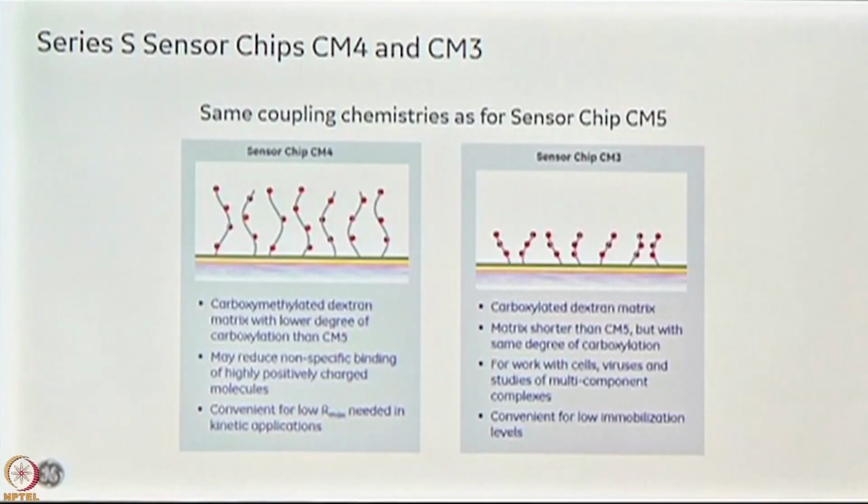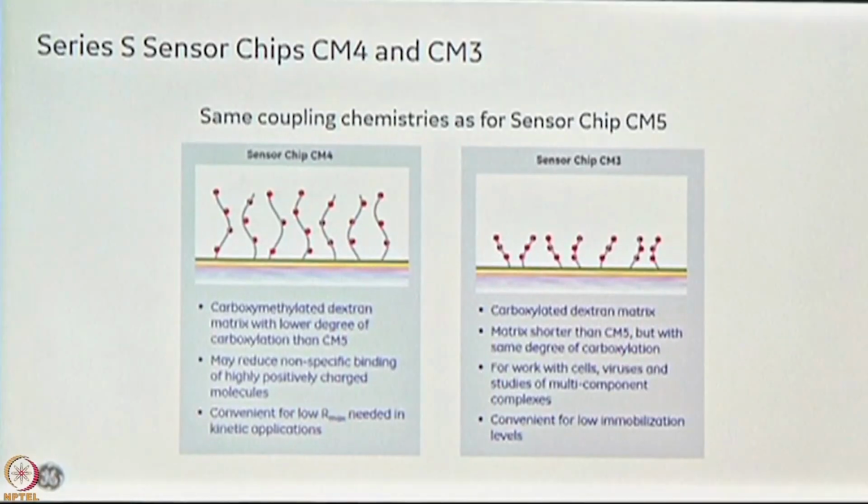So, they are exactly the same. It's just that in one case the length of the dextran is the same as CM5, but the degree of carboxymethylation is less than in CM5, whereas in CM3 the degree of carboxylation is the same, but the length of the dextran is smaller.